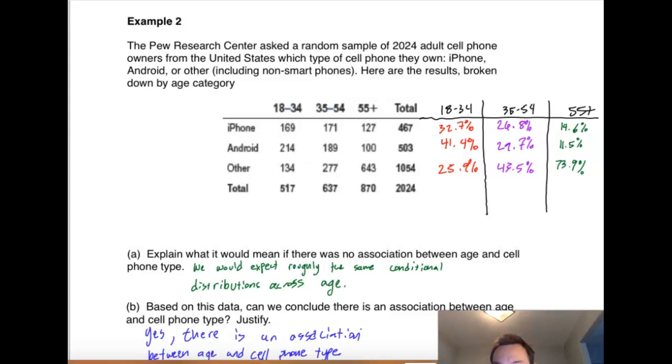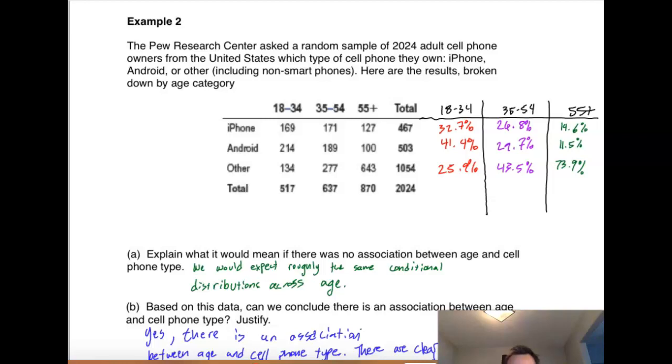Versus in the 35 to 54 category, only 43.5% of them use something other than an iPhone or an Android. And in the 18 to 34, even more different, 25.9%. And so we just want to justify by saying there are clear differences in the conditional distributions by age.